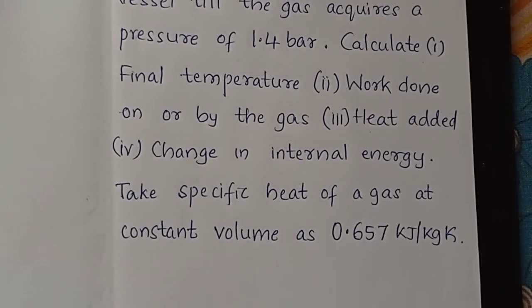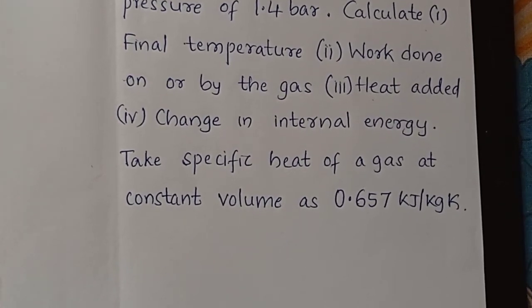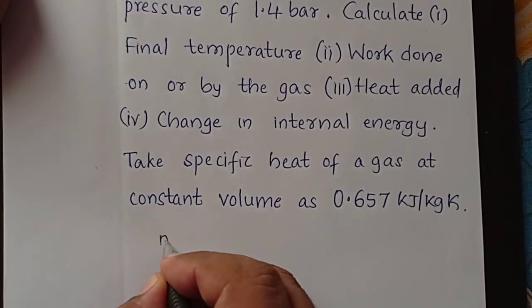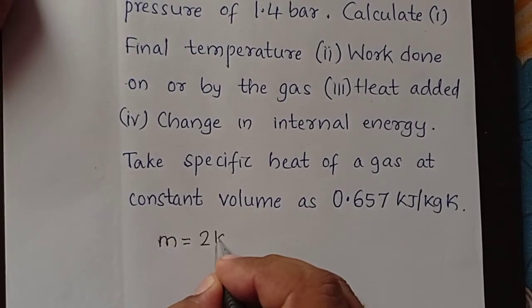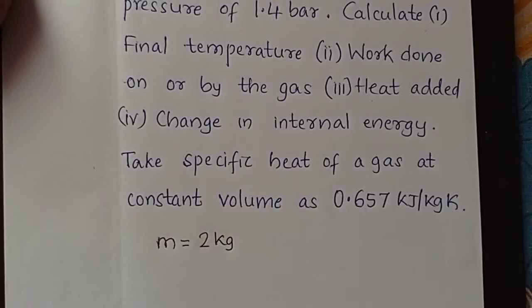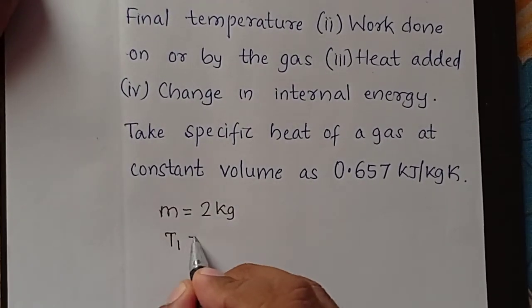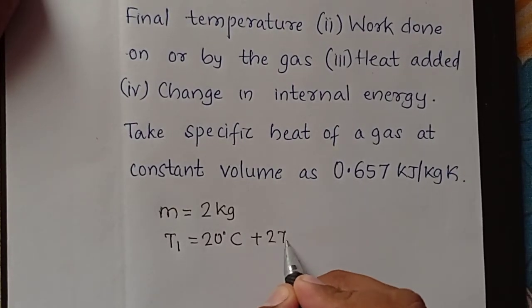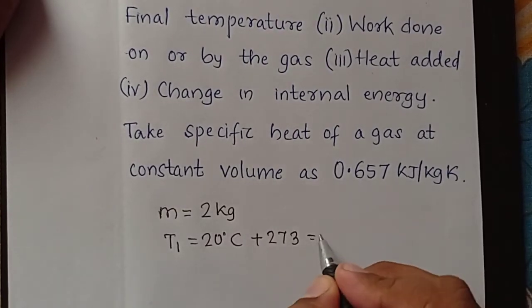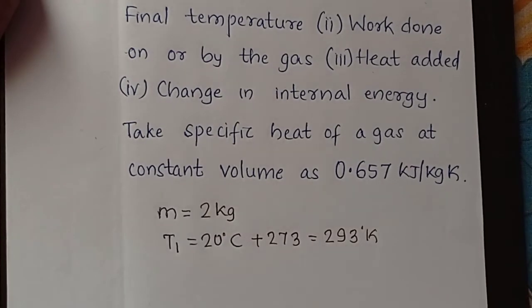So he says a closed vessel contains 2 kg of carbon dioxide. Mass of carbon dioxide given is 2 kg. Then at 20 degrees centigrade, so temperature T1 equal to 20 degrees centigrade. So add 273 to this straight away, and you'll have it as 293 degrees Kelvin.